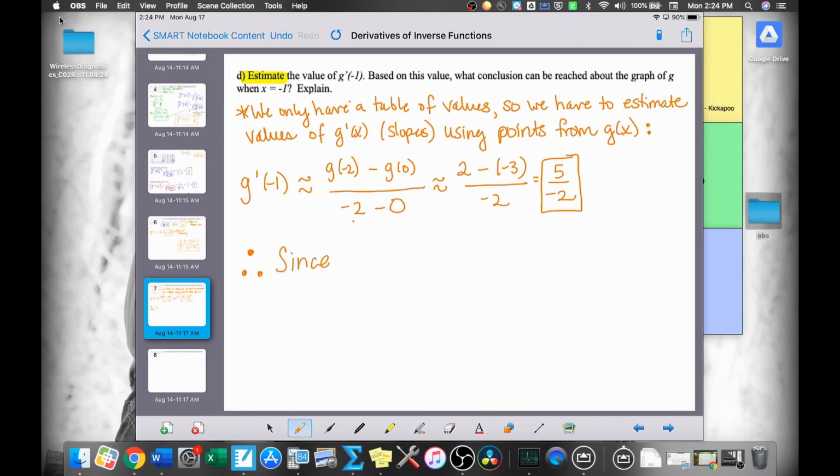So we can say, since g prime of negative 1 is less than 0, then the graph of g is decreasing, right? If the slope is negative, the graph has to be going down. So we can say the graph of g is decreasing.